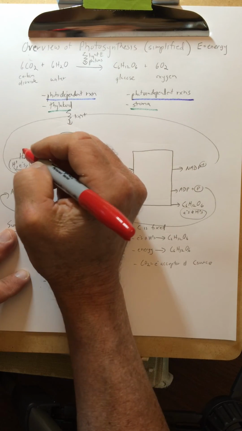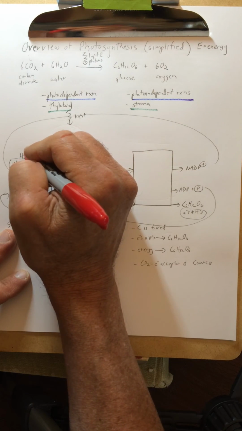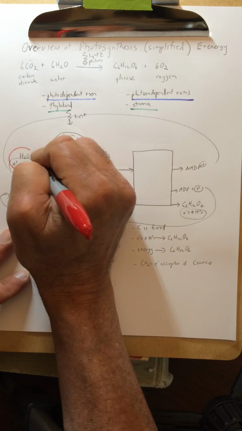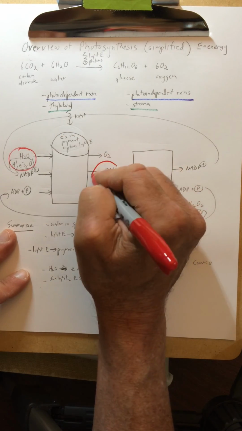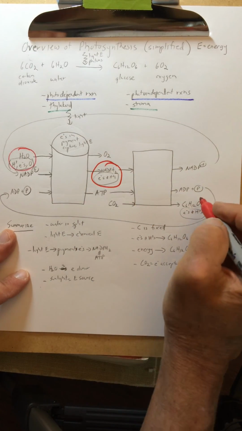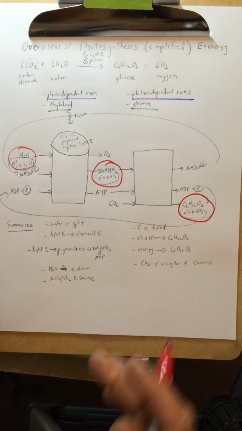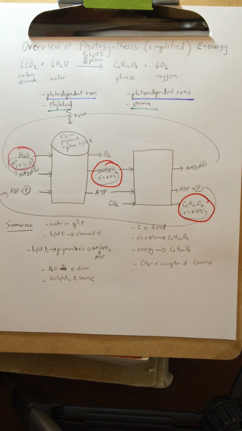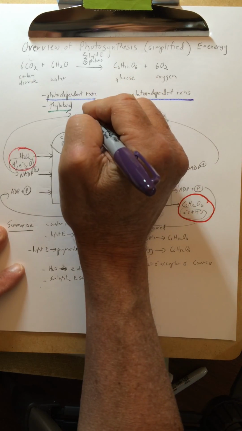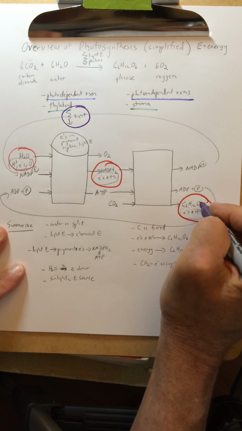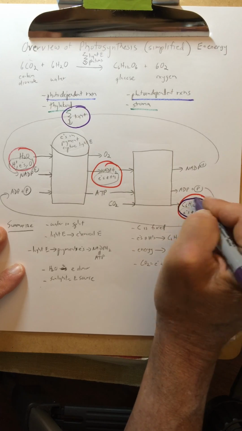The electrons are starting here on the water molecule. They go here to the NADPH2, and they end up on the glucose molecule. And finally, the energy is coming from light, and it ends up here on the glucose molecule.